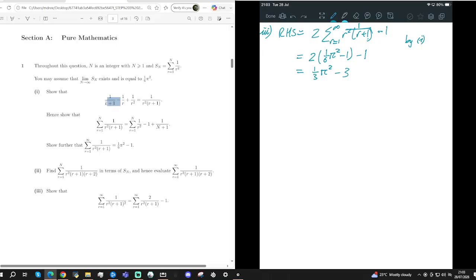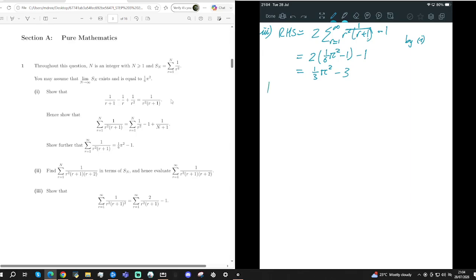And actually, no. I was thinking we've got the r plus 1 here, we've got the r squared here, that'll be r plus 1 squared. No. It feels like I don't really want to do the work again, but it feels like another partial fraction. And considering this question's been quite nice so far, let's keep assuming that it's quite nice.